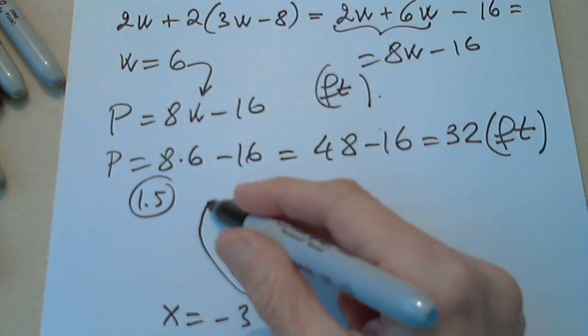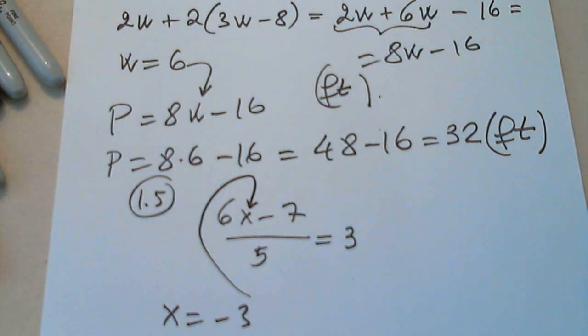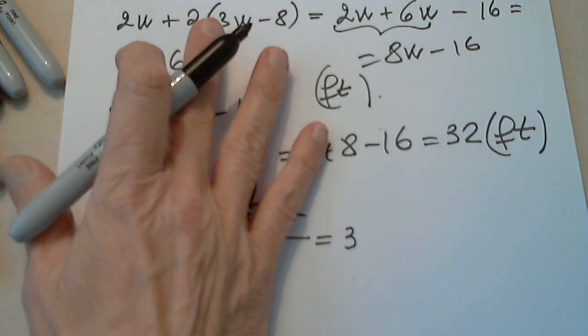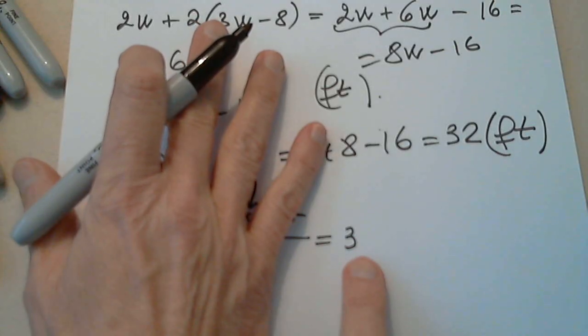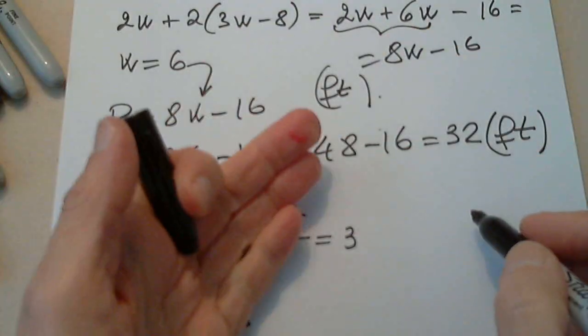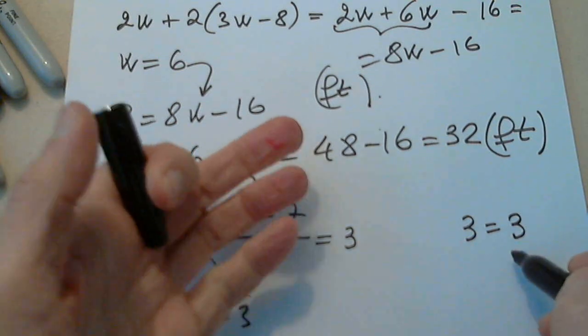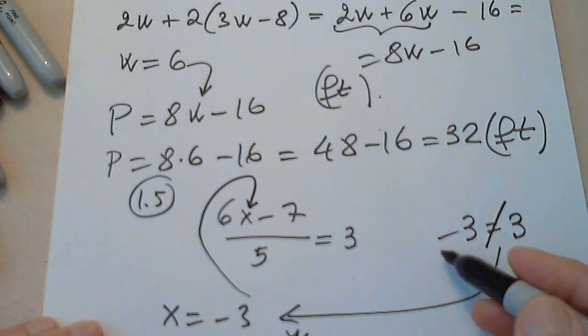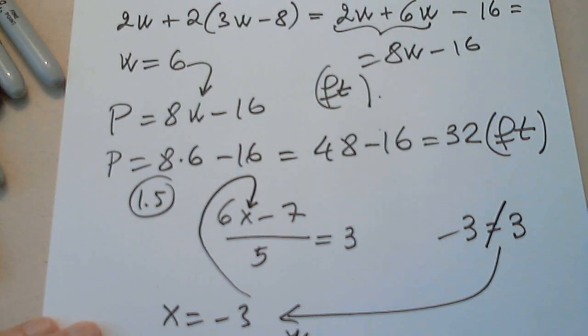All I have to do is replace x by negative 3, perform the operations I see on the left-hand side. If I do get a true statement, with the left-hand side equal to the right-hand side, I will say yes. If I do not get it, let's say I get negative 3 does not equal 3, then I will say no, negative 3 is not a solution.